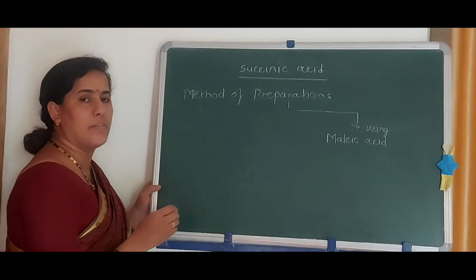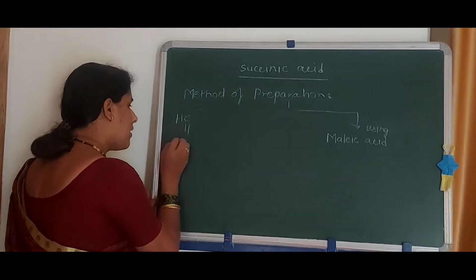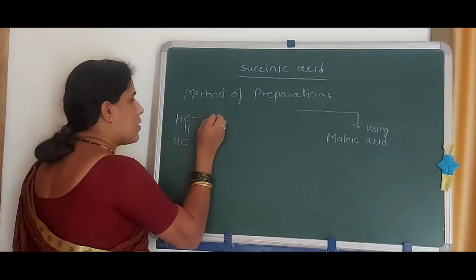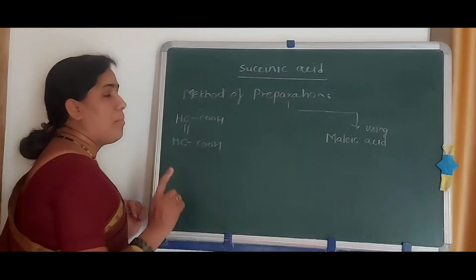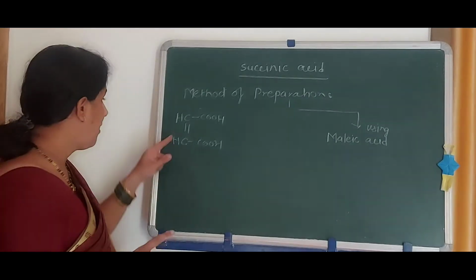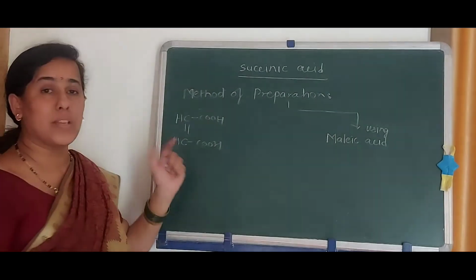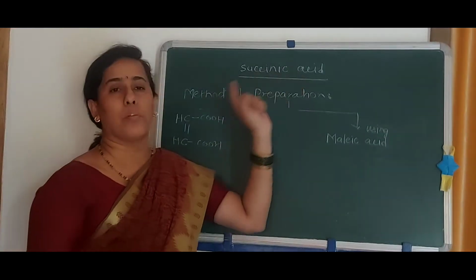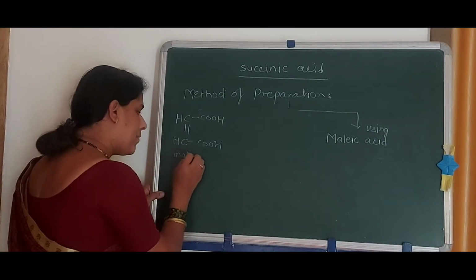From malic acid, one must know the formula for malic acid: CH double bond CH COOH. As the compound contains a double bond, we have the conversion of this double bond to a single bond. We get the formation of succinic acid. That is malic acid.